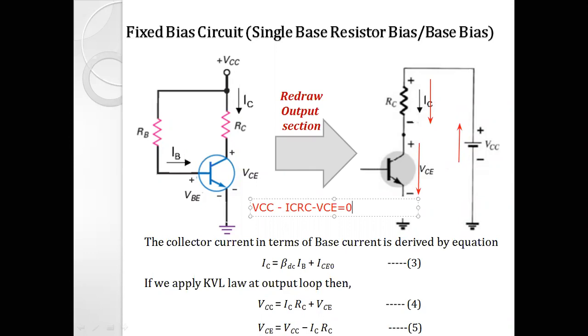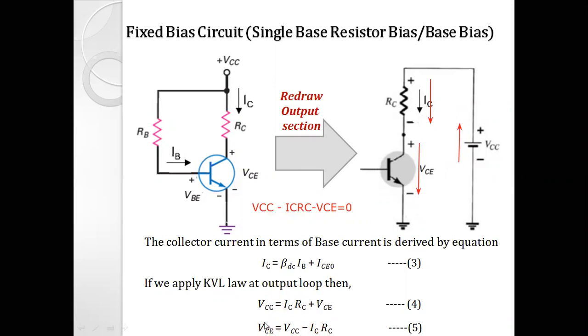Here you can see that when we make VCE the subject of the equation, that means we take the VCE term on the right hand side. On the left side we have only two terms, that is VCC minus ICRC. So here you can see equation number 5, that is VCE is equal to VCC minus ICRC.